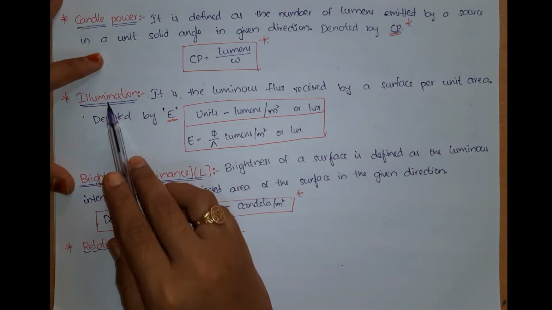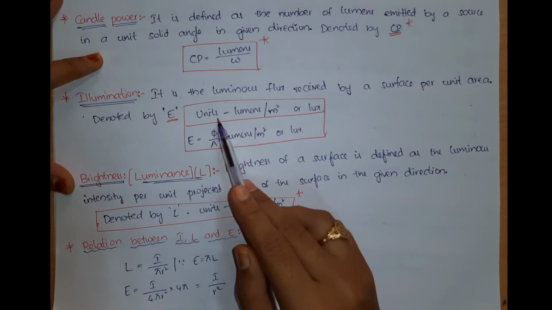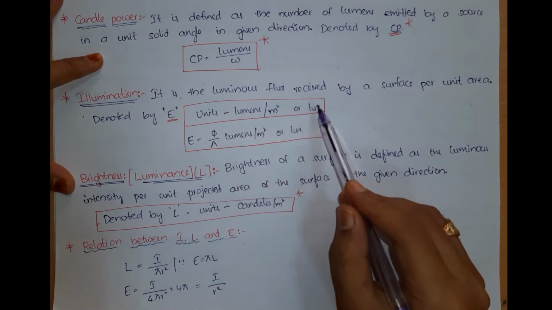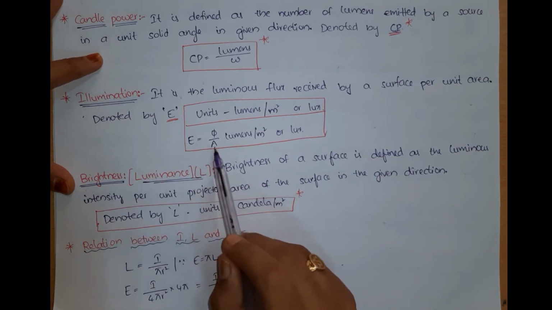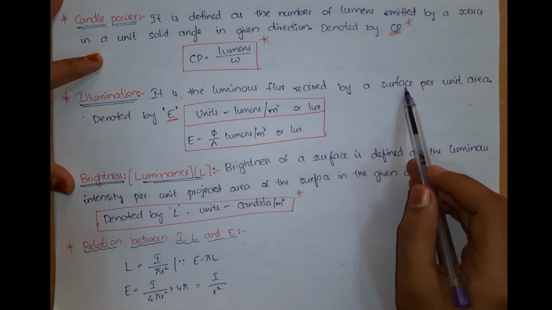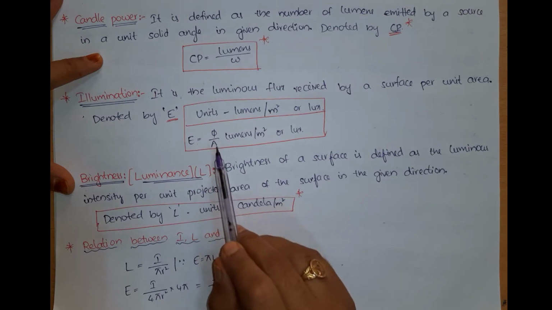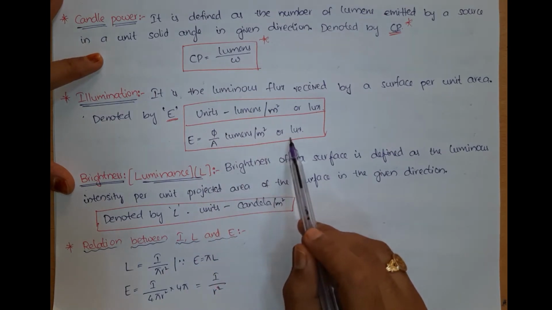It is denoted by E and its units are lumens per meter square, or lux. E is the luminous flux phi per unit area A, so E equals phi by A, which gives units of lumens per meter square or lux.